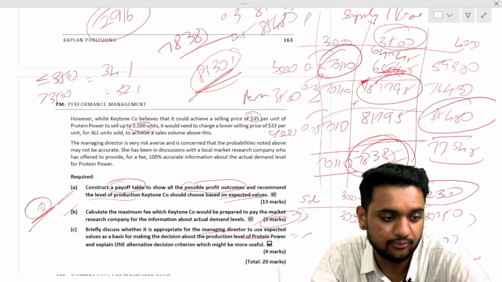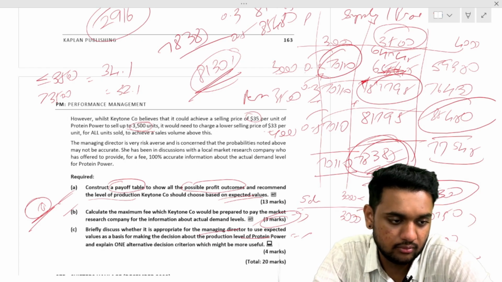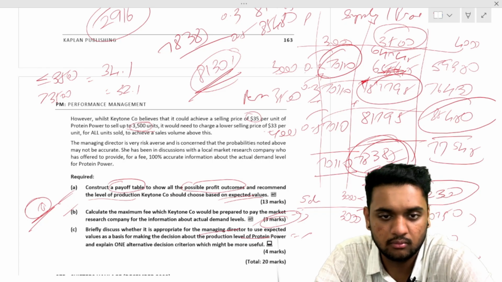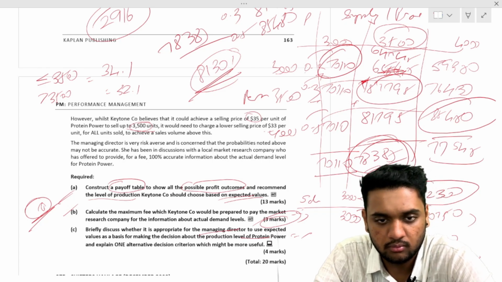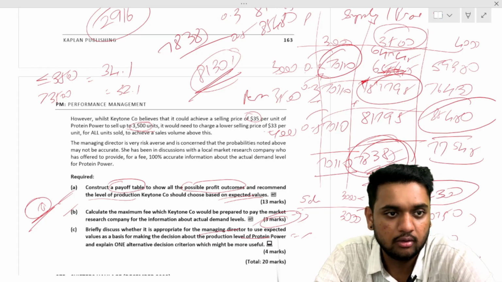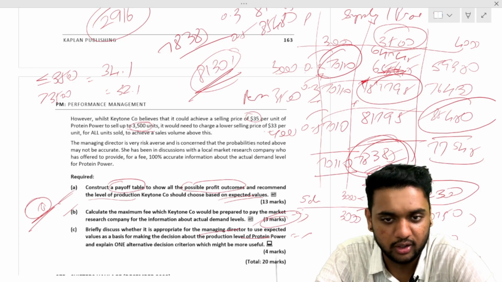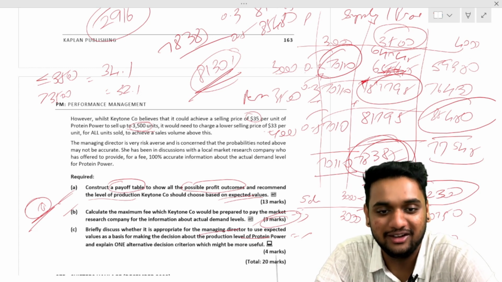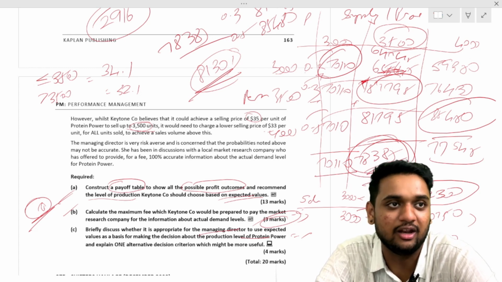Think and tell. They told it's not accurate. Where did they tell it's not accurate? They told if we take the marketing research company, we'll get accurate information.